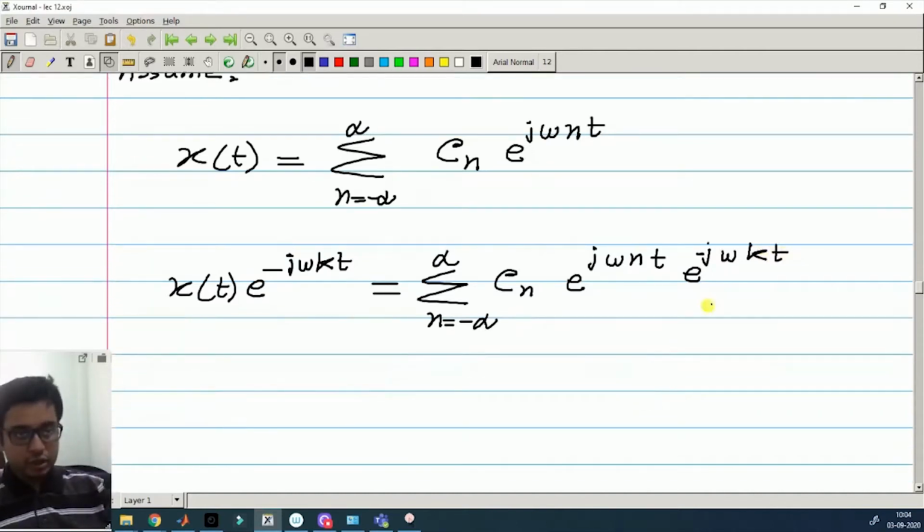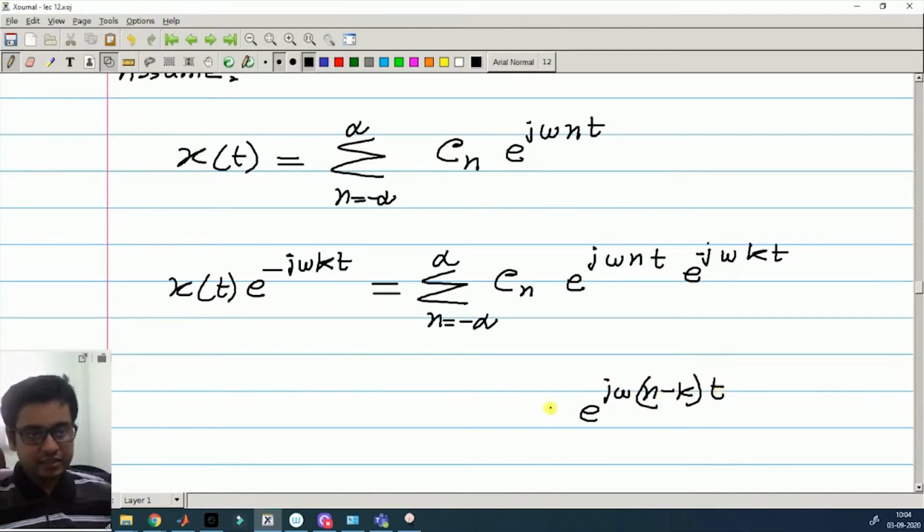Now you can merge these two exponentials into one as e to the power j omega (n minus k)t, Cn, sum over all integer n's.